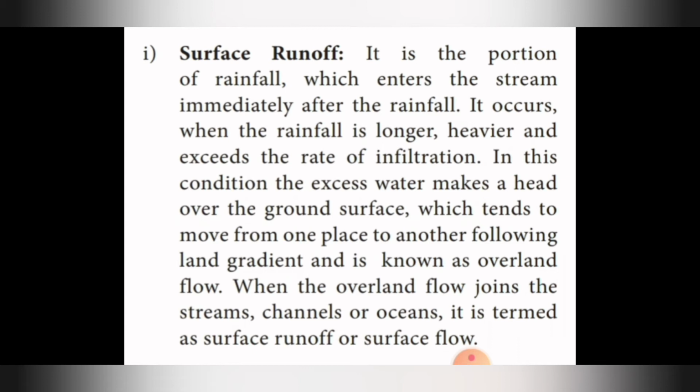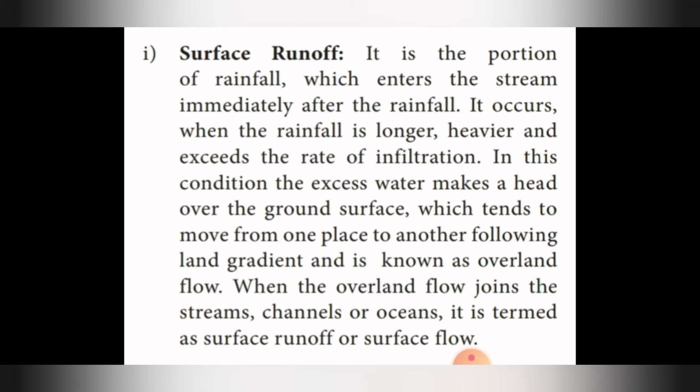When does it occur? It occurs when the rainfall is longer, heavier and exceeds the rate of infiltration. In this condition, the excess water makes a head over the ground surface, which tends to move from one place to another following the land gradient and is known as overland flow.